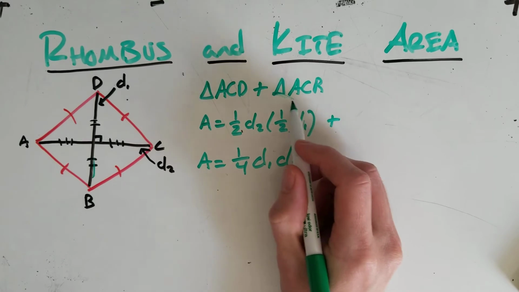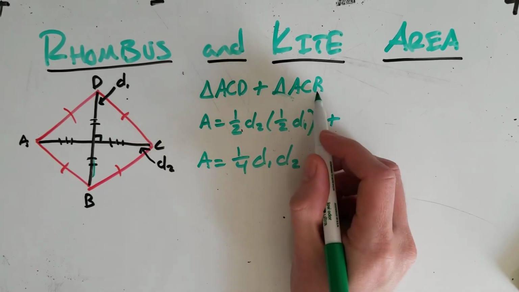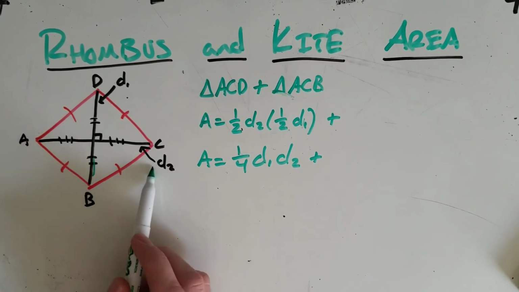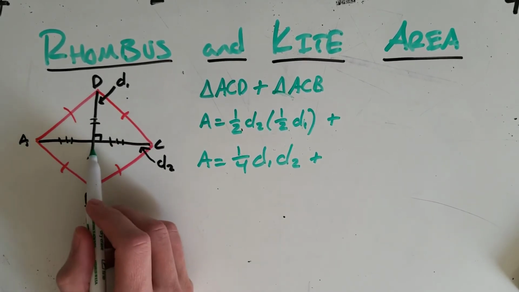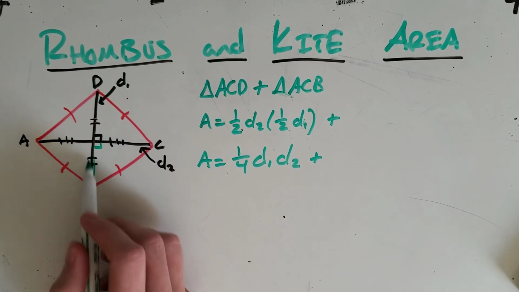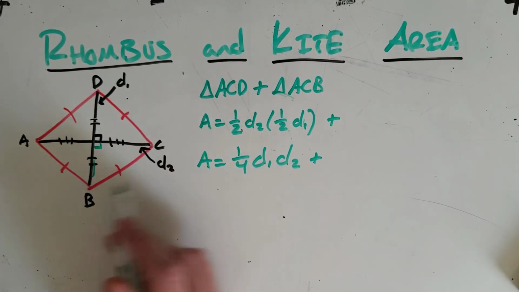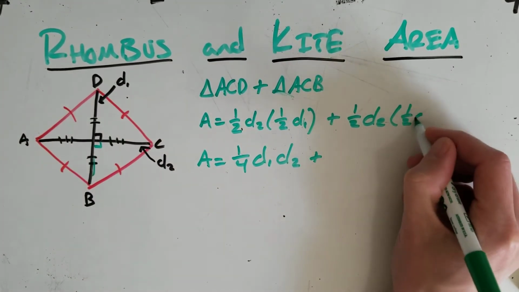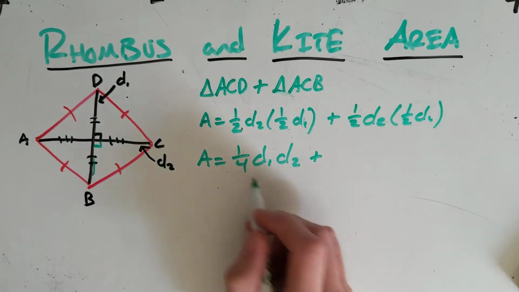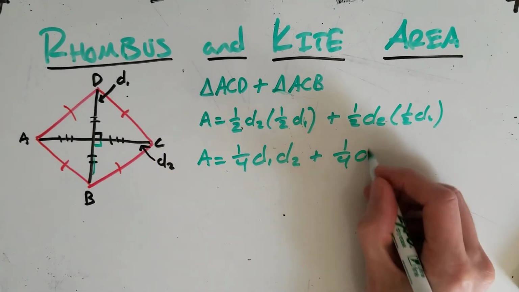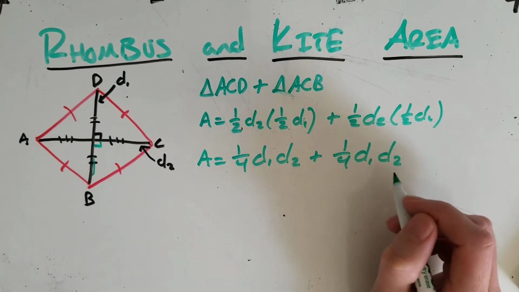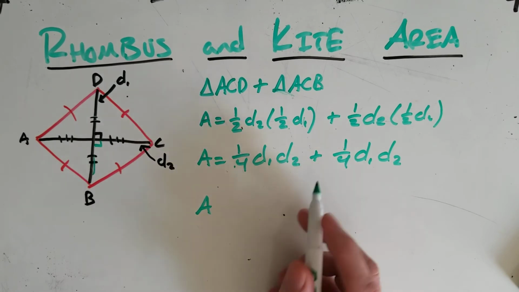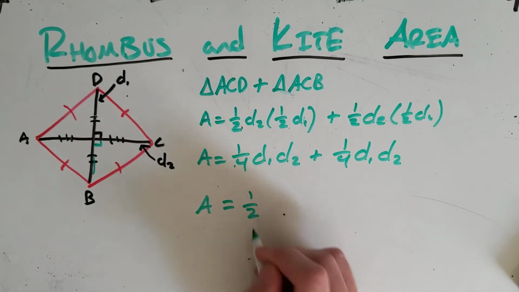But we're also going to add the area of triangle ACB. And if you look at ACB, well, its triangle also has diagonal 2 as the base, and then you can use this segment right here, half of diagonal 1 again, as the height, so it's identical to this. 1/2 diagonal 2 times your height was 1/2 diagonal 1, so it's going to end up simplifying to the same thing down here: 1/4 diagonal 1 times diagonal 2, and if we combine like terms, 1/4 plus 1/4 is 1/2.